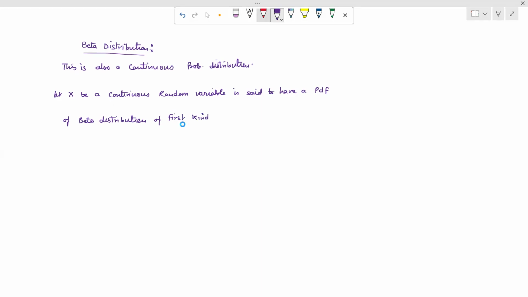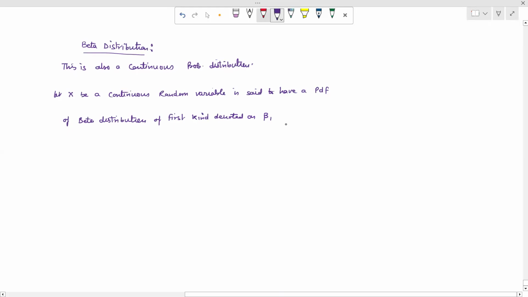So beta distribution of first kind is denoted as beta 1. We use this symbol to denote this distribution.